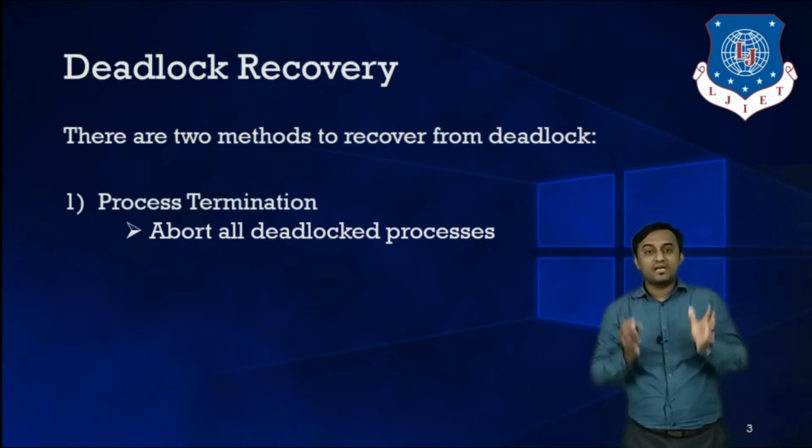If 5 processes are involved in the deadlock, how can we recover? The first approach tells us you need to terminate all the processes associated with the deadlock, meaning all the processes are terminated forcefully. But this approach is, we can say, a costlier approach.